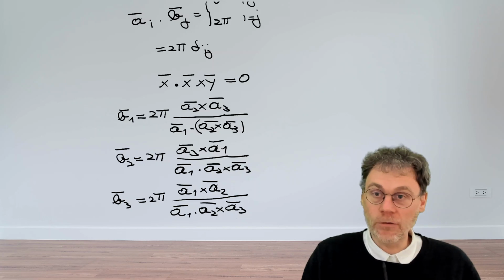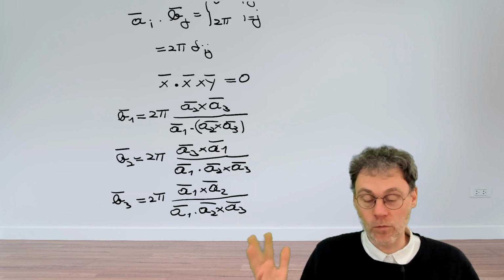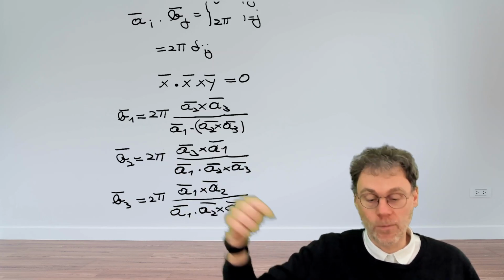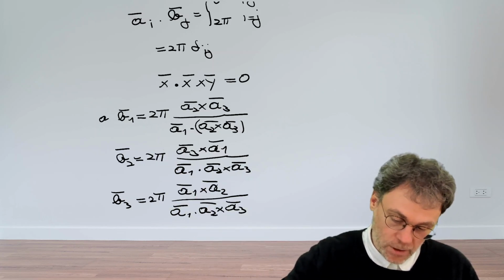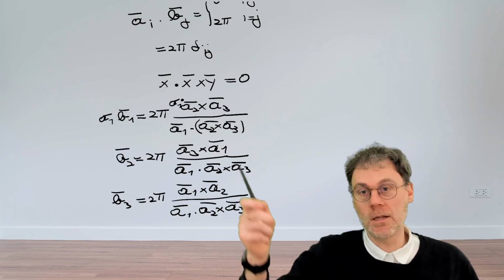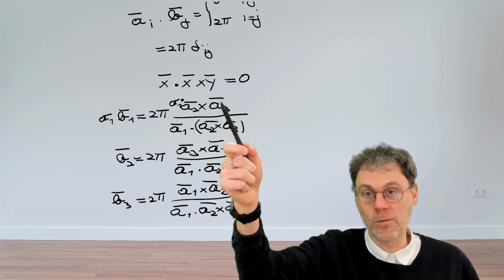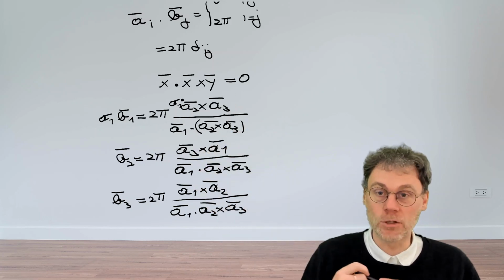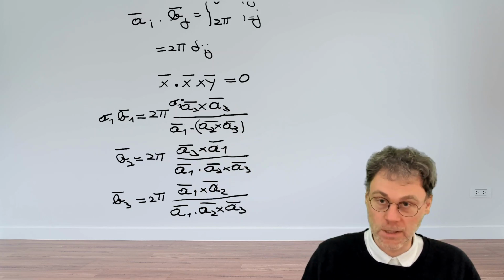The question is, if you take the scalar product of A1 with B1, do you end up with 2 pi? Well, if you multiply on the left-hand side with A1, then you really see that numerator and denominator become identical. This thing becomes 1, and you end up indeed with 2 pi as is required.